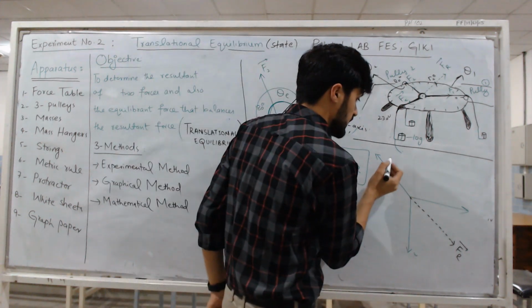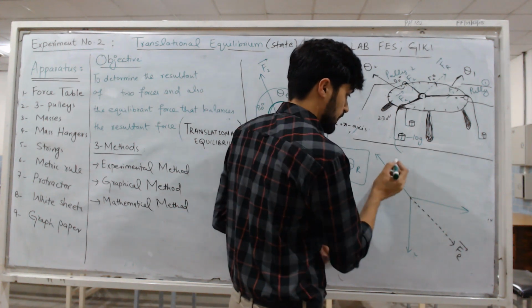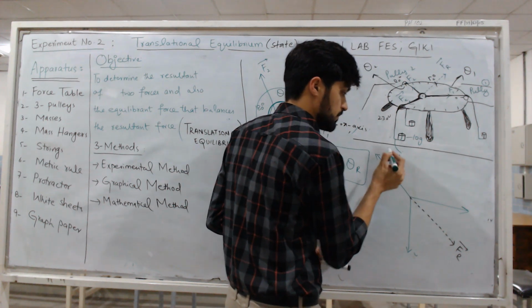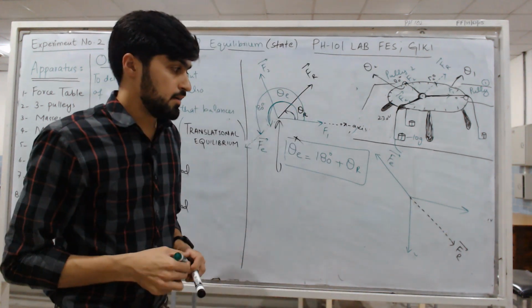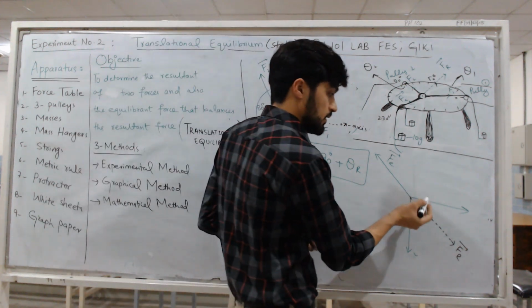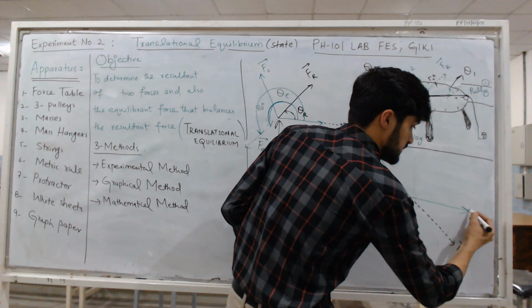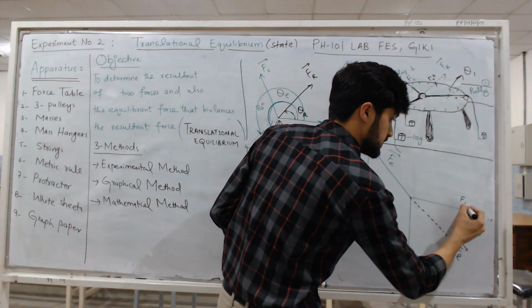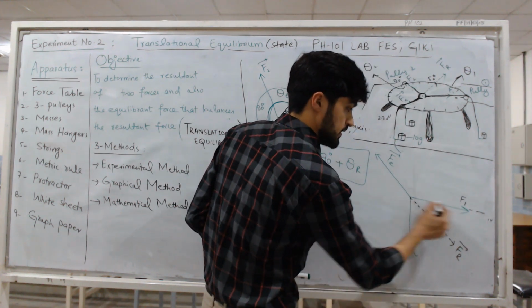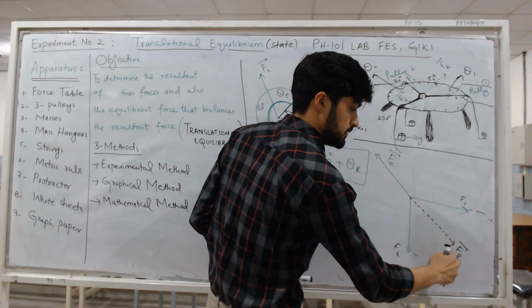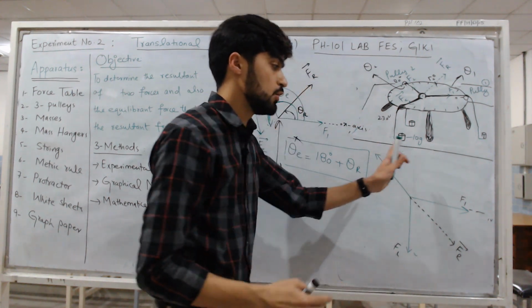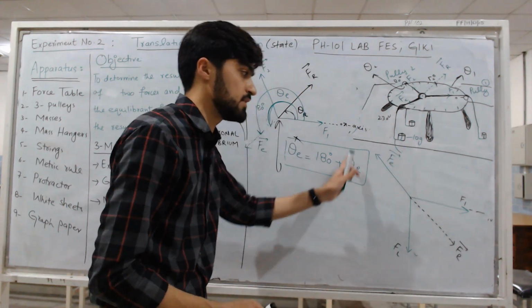So this is Fr and this is Fe. As I said, we take the angle in the anti-clockwise direction. This is our positive x-axis, this is our F1 and this is our F2. These two forces give this resultant, and this is balanced by the equilibrium force, which is now in the second quadrant.